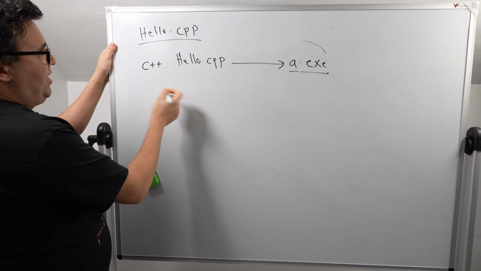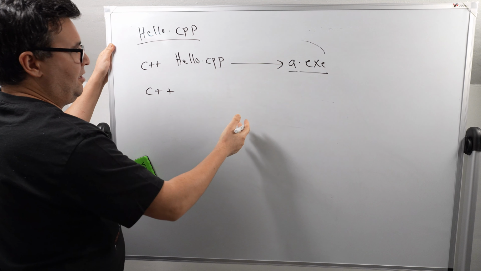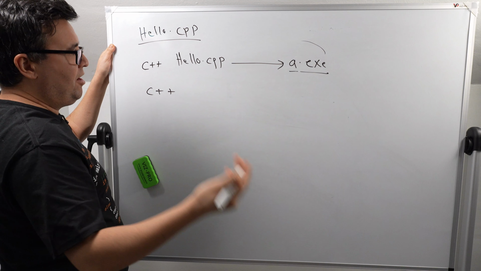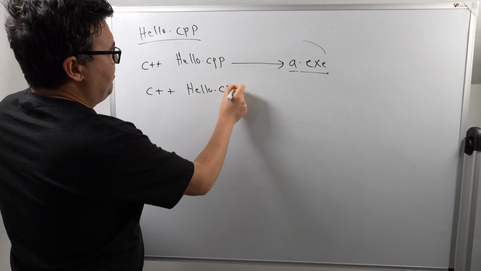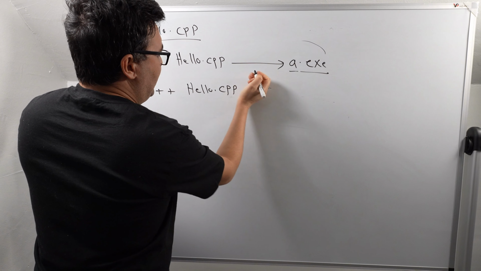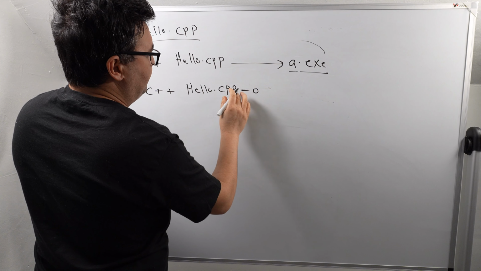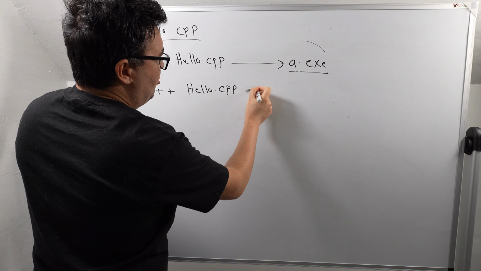Now if I want my own name, like hi.exe instead of a.exe, I write hello.cpp, and for the output I write -o. There should be a space between hello.cpp and -o.